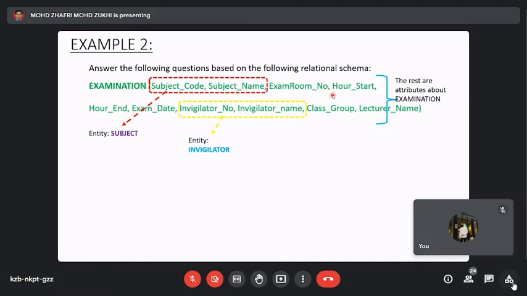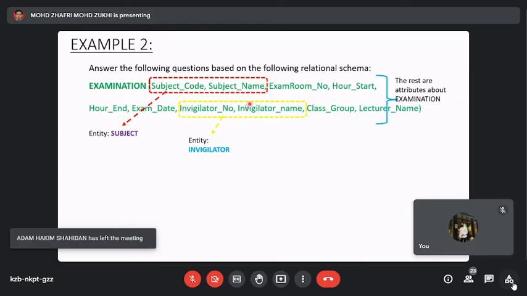And then take a look around. Exam room number is not clear yet. Hour start, hour end, exam date is not clear. But then invigilator number and invigilator name. Okay, the keyword is invigilator. So we know these two must be related to each other. So we take a look and again, invigilator number has the potential to be the primary key, while the invigilator name has the potential to be the partial dependency for invigilator number.